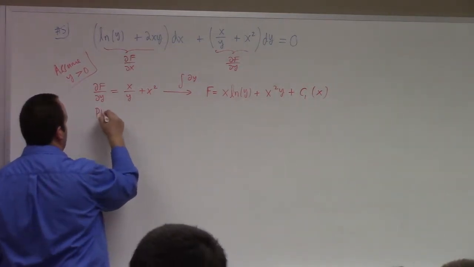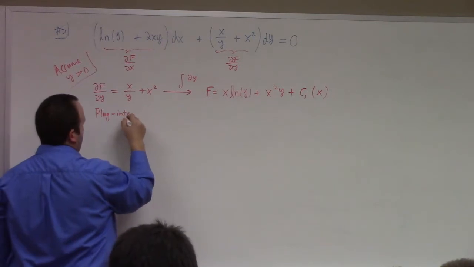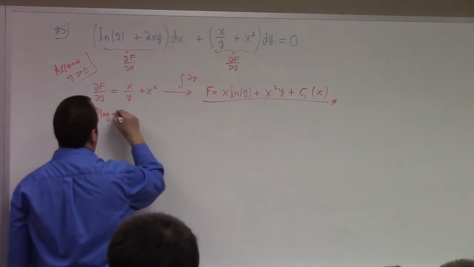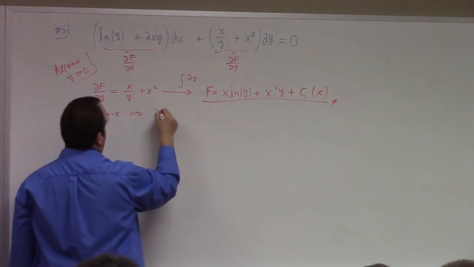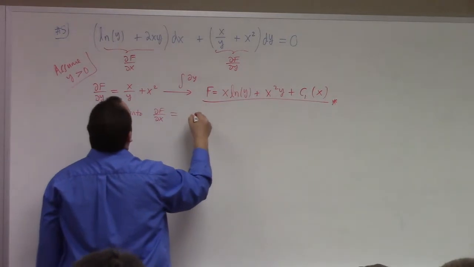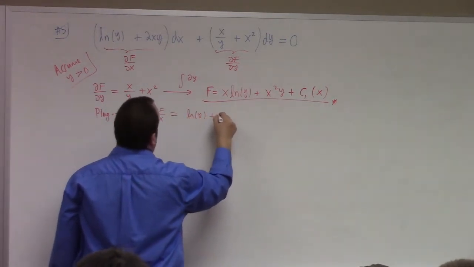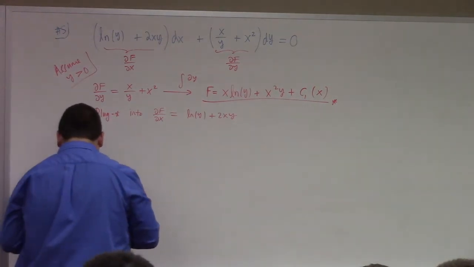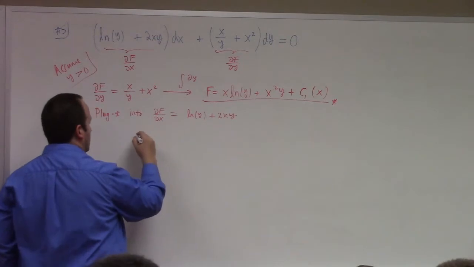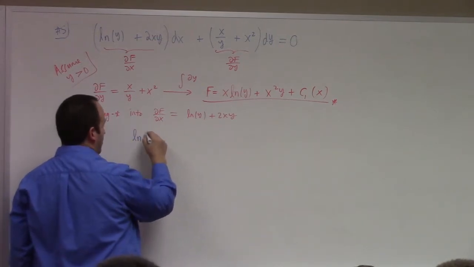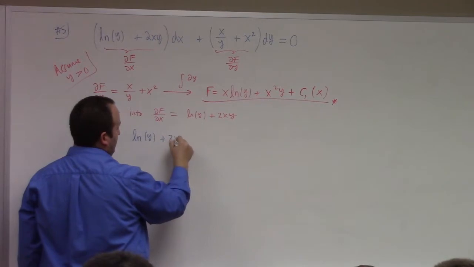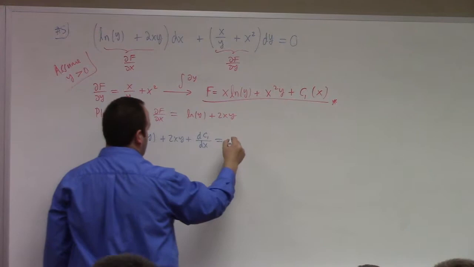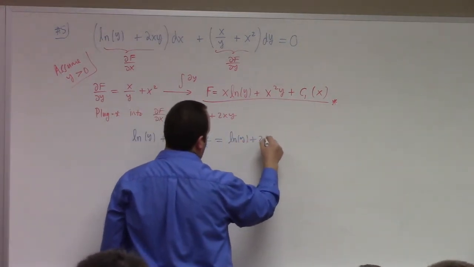Now plug this result we just found into star. Partial f, partial x equal to what? Natural log of y plus 2xy. So if you do that, what do you get? Natural log of y plus 2xy plus dc1 dx is equal to natural log of y plus 2xy.